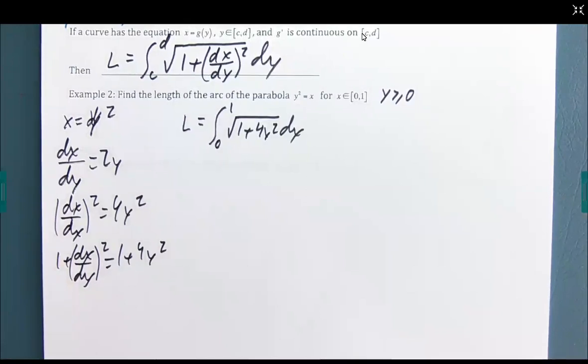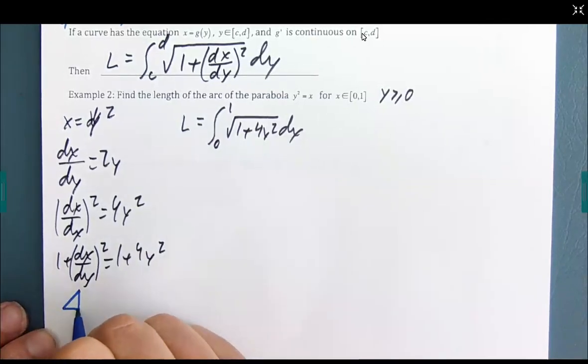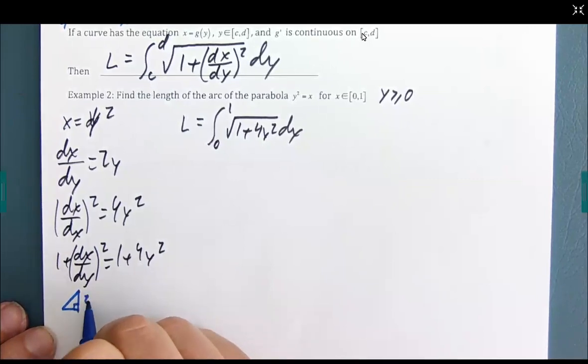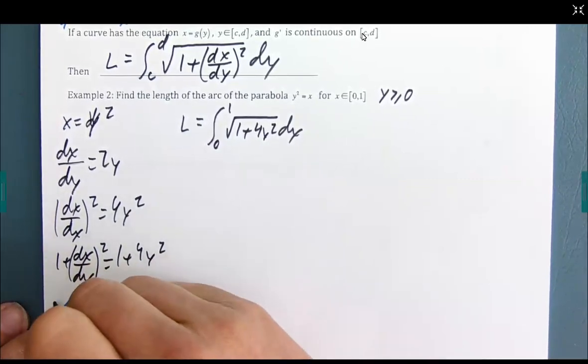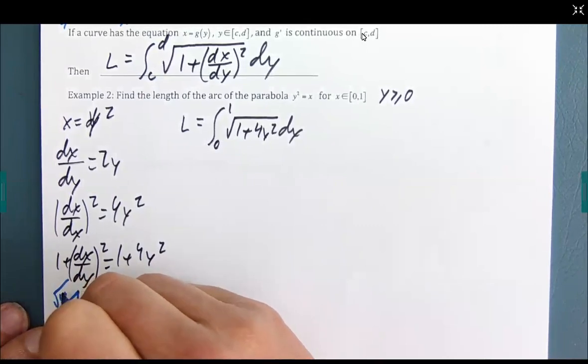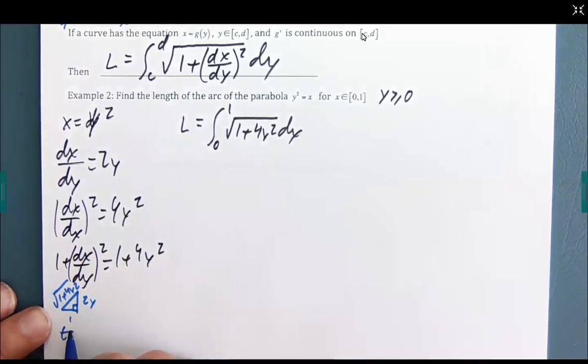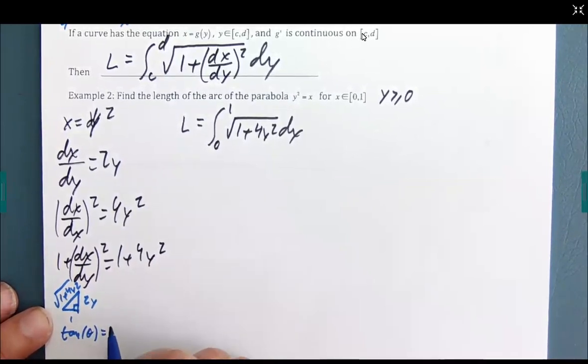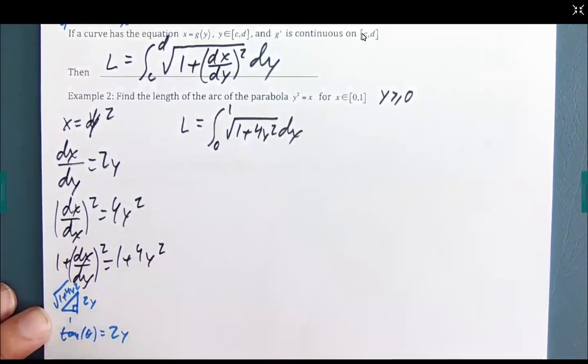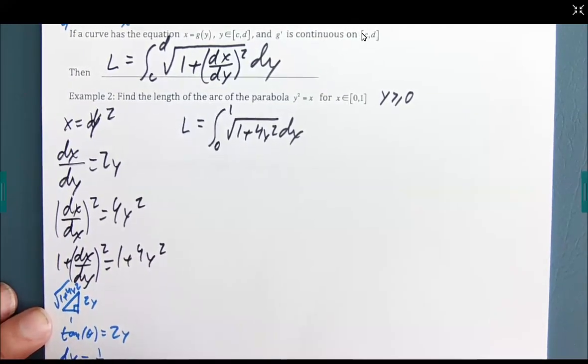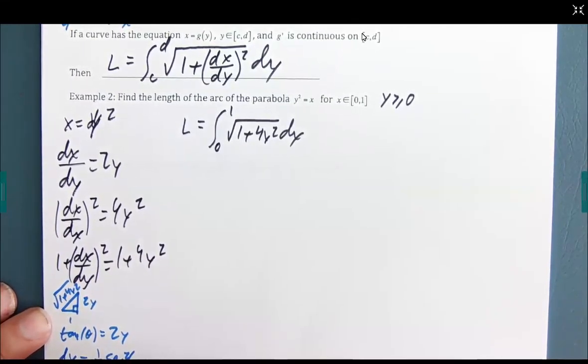There's our integral. And what we're going to end up with is a triangle, with sides 2y and 1, and hypotenuse the square root of 1 plus 4y squared. And I'm going to notice that the tangent of theta is 2y, which means dy is 1/2 secant squared theta d theta.